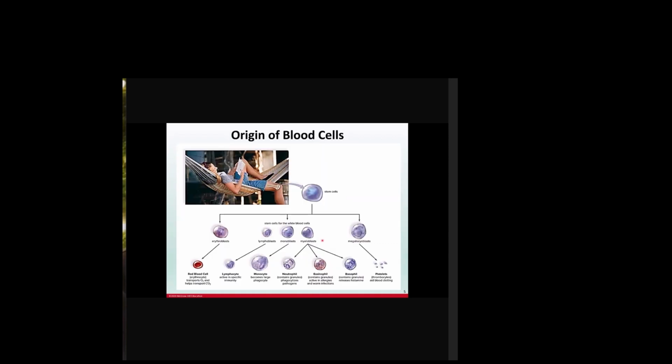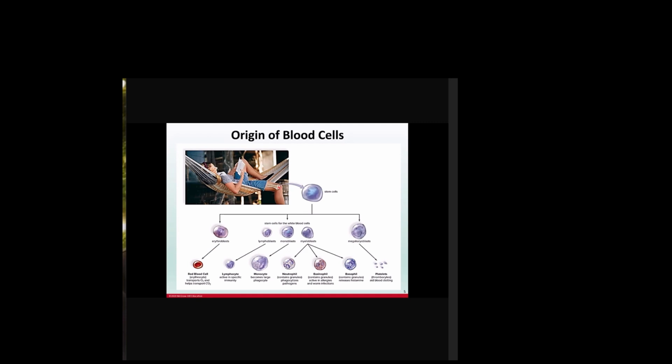So where do blood cells come from? All the blood cells that we have, all the formed elements in blood, come from stem cells found in the red bone marrow. Red bone marrow is found at the end of our long bones. Like you see here, this is the long bone, and at the end of this long bone we have the red bone marrow, inside here.